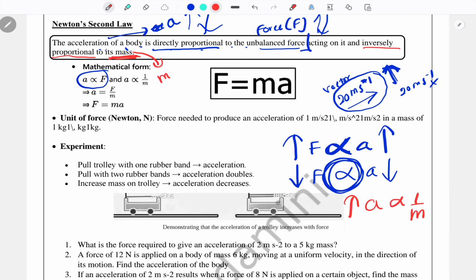So we represent it this way, 1 over m, to show it is inverse, not the direct way. If you increase the mass, what happens to the acceleration? Acceleration decreases. And if you decrease the mass, what happens to the acceleration? Acceleration increases. The opposite thing is always happening. Okay?